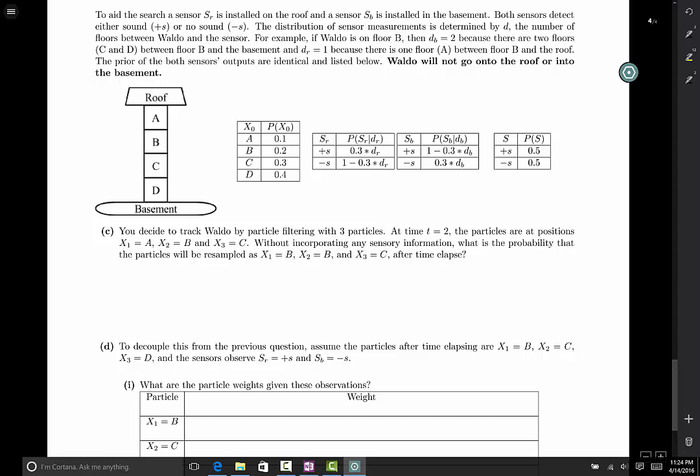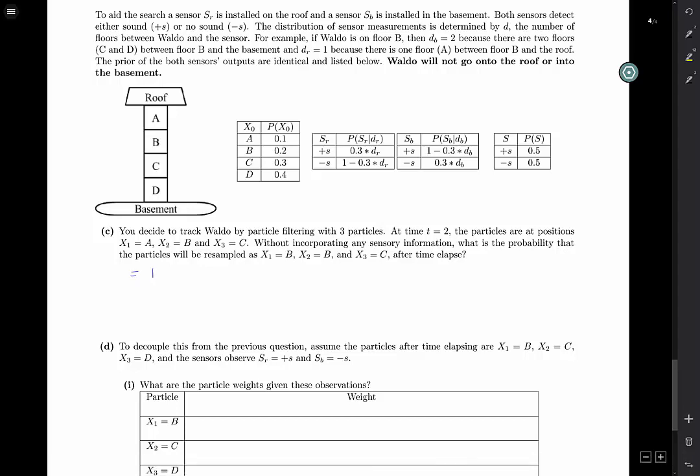The probability will be the probability that the new x1 prime equals B given x1 equals A, the probability that the new x2 prime equals B given x2 was B, and the probability that x3 prime equals C given x3 was C. So we know from before that if I'm in A, the probability I go down is 0.2.